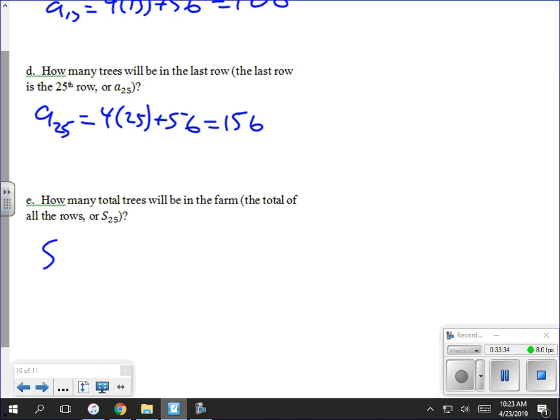So the sum of the first 25 is 25 divided by 2 times 60 plus 156. 60 in the first row, 156 in the last row, because that's what we just figured out. And you have 2,700 trees.